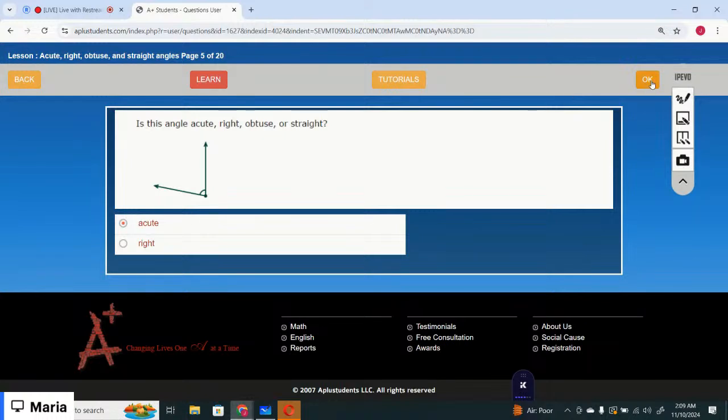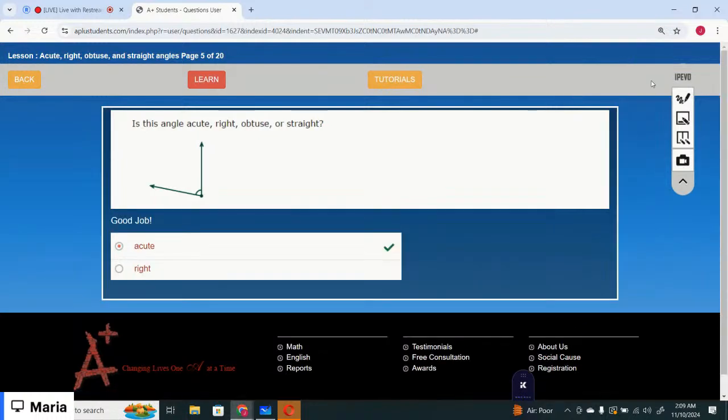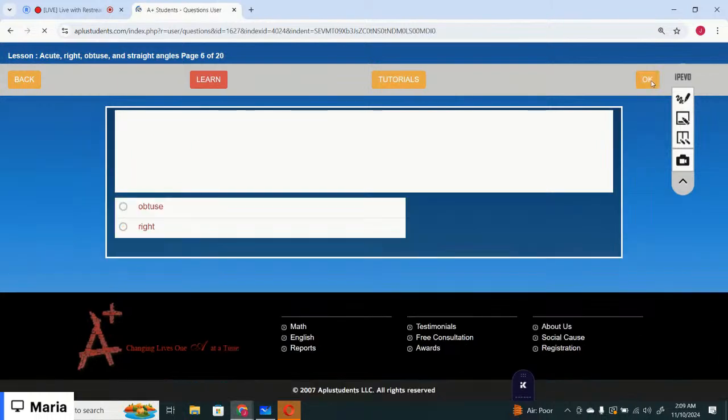This is not the right angle. Is this angle acute, right, obtuse, or straight?